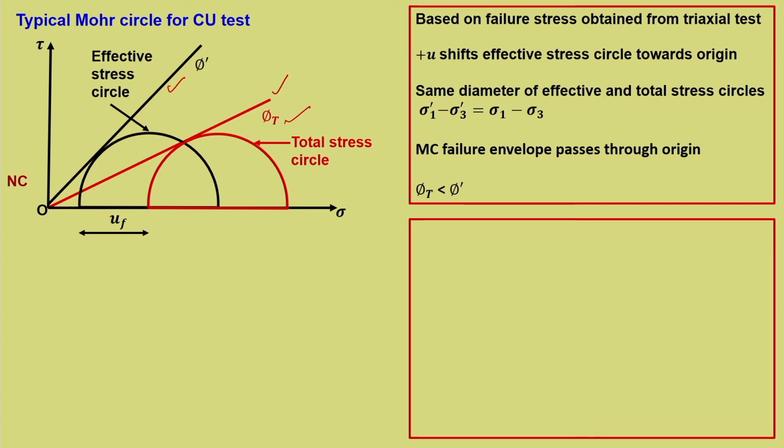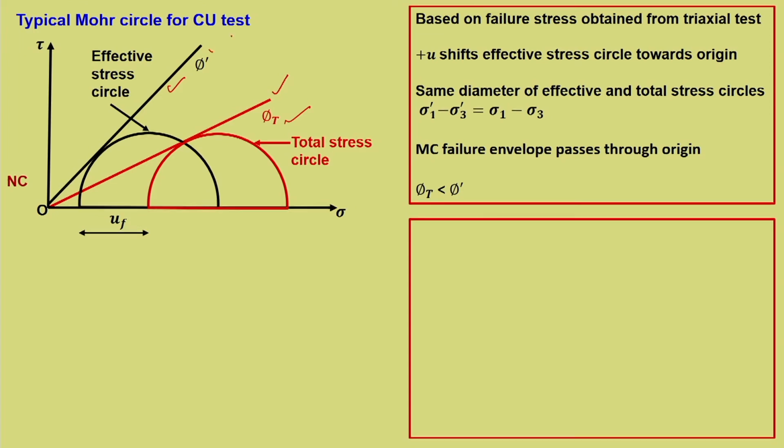Now, let us try to understand whether this is really important or not, whether phi t, that is the frictional angle corresponding to undrained condition, is it relevant or not. In fact, it is not relevant. The reason is Mohr Coulomb failure envelope is always defined in terms of effective stress.